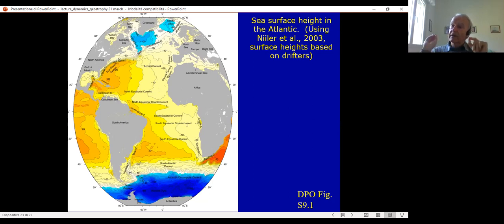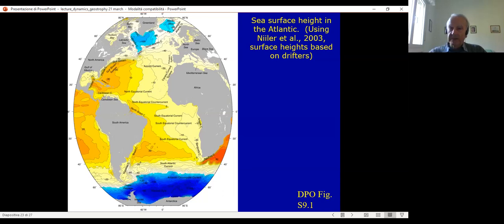So each drifter gives you every hour the surface speed, and therefore, if you threw enough drifters into the ocean, you will be able to reconstruct the flow over the entire ocean.